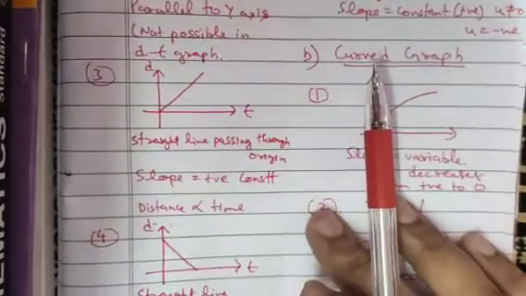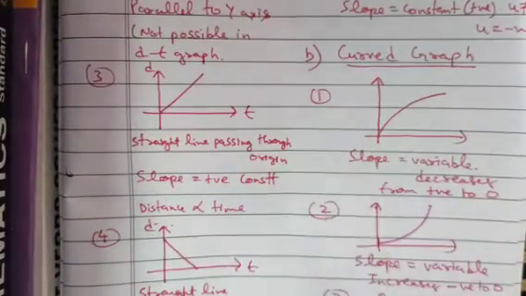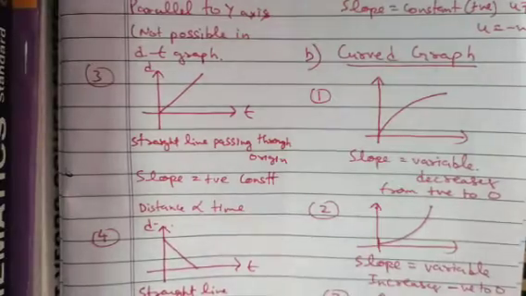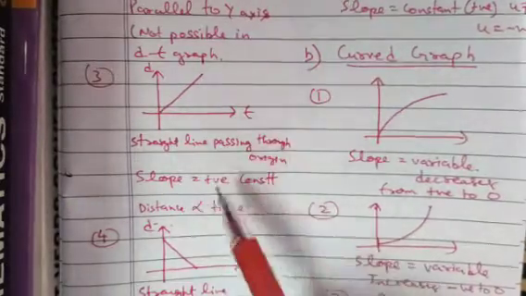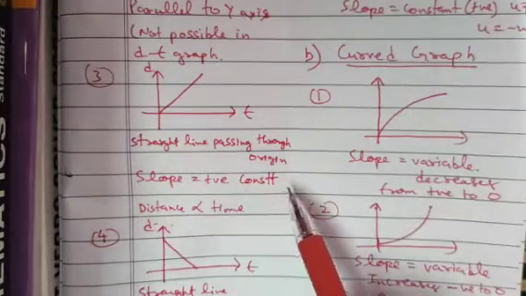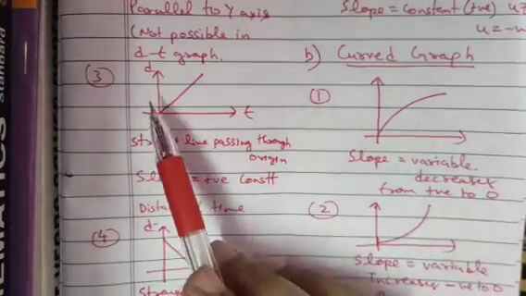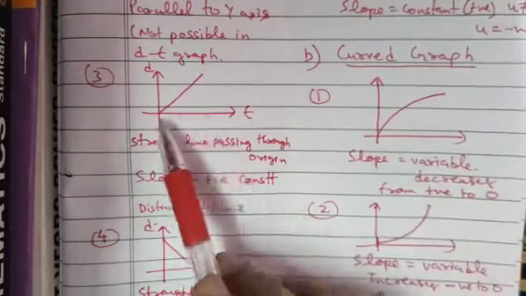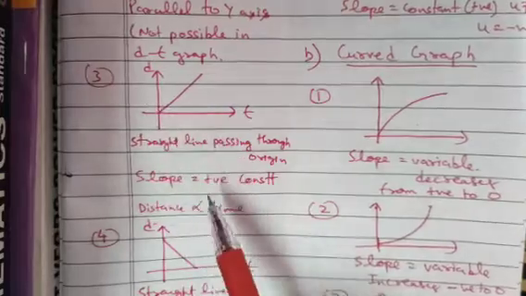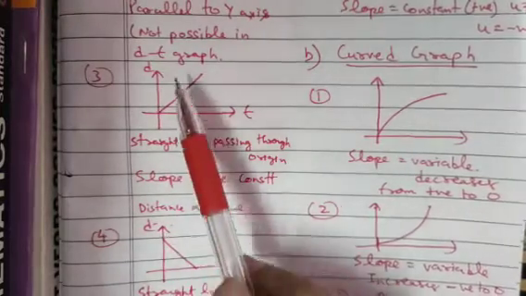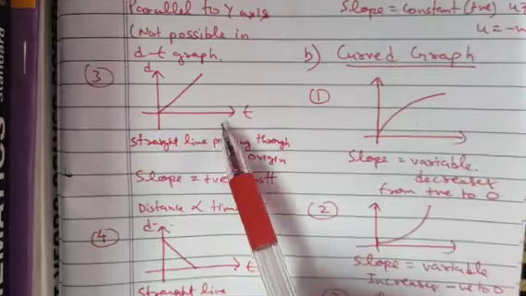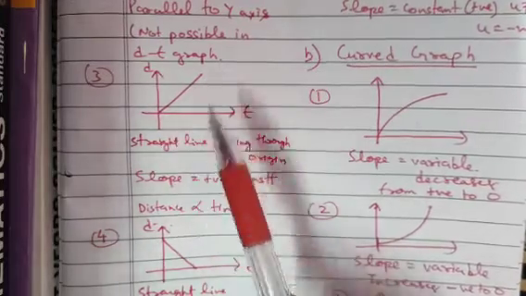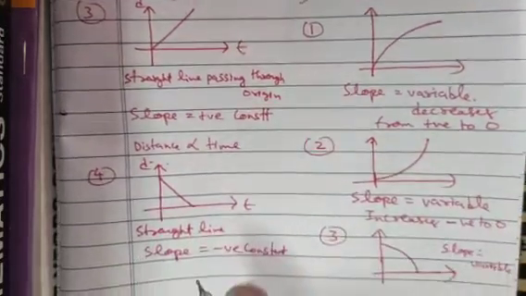Third type of graph is a straight line passing through origin. Okay, moving with uniform speed, distance time graph. Okay, slope will be positive and constant. And when two physical quantities are directly proportional to each other, distance is directly proportional to time, then such type of graph, straight line passing through origin, will be drawn.